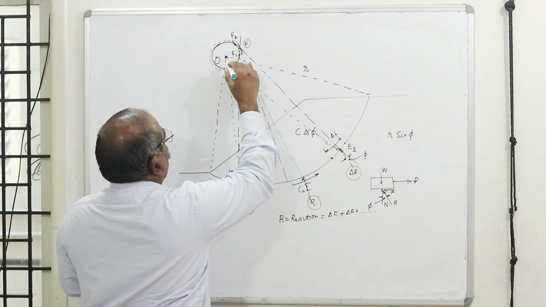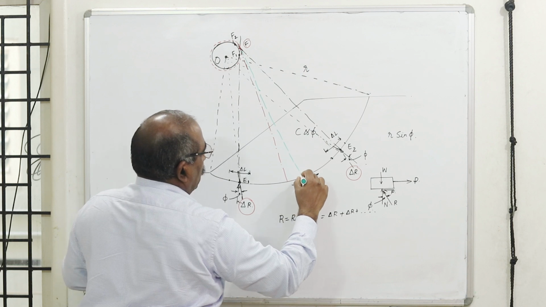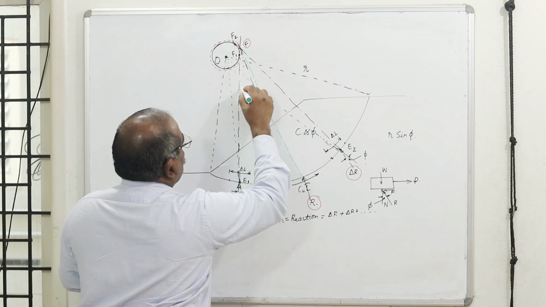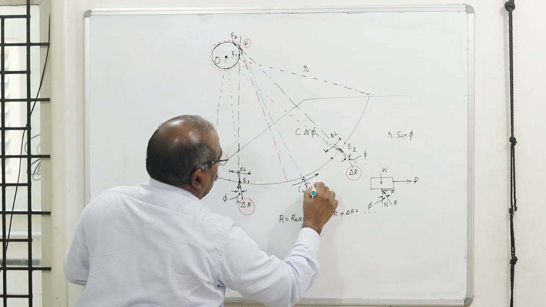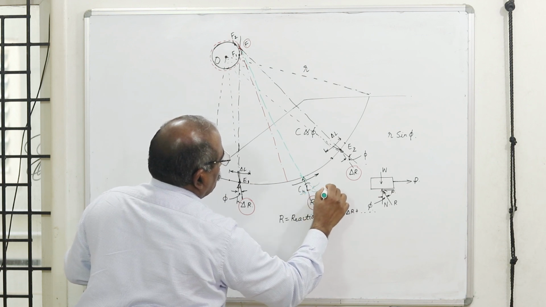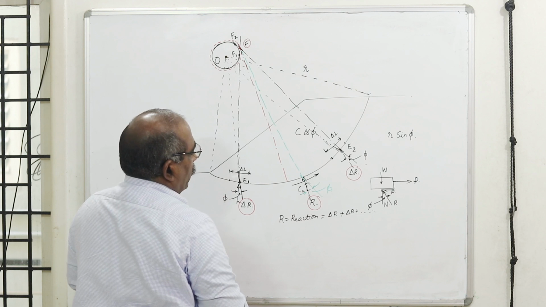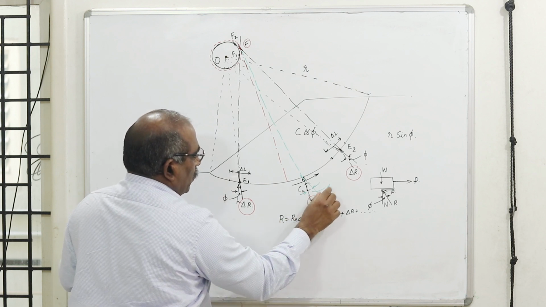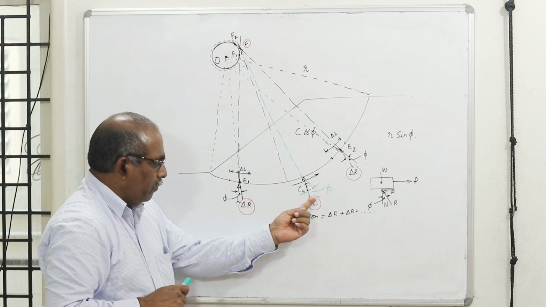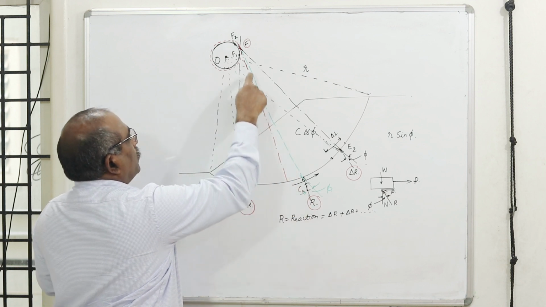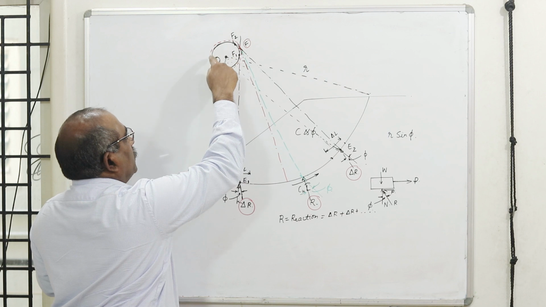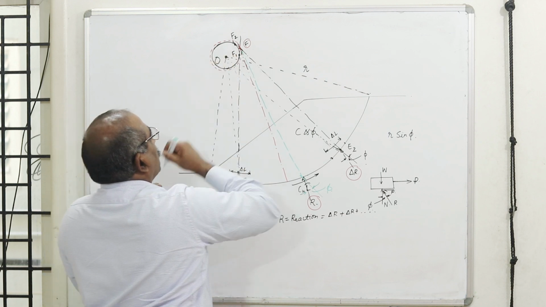Now if I draw a normal at this point, there will be an inclination, this is phi. Therefore, the reaction is always inclined at an angle phi to the normal at that position, and this reaction is going to be tangential to the circle which has got a radius.